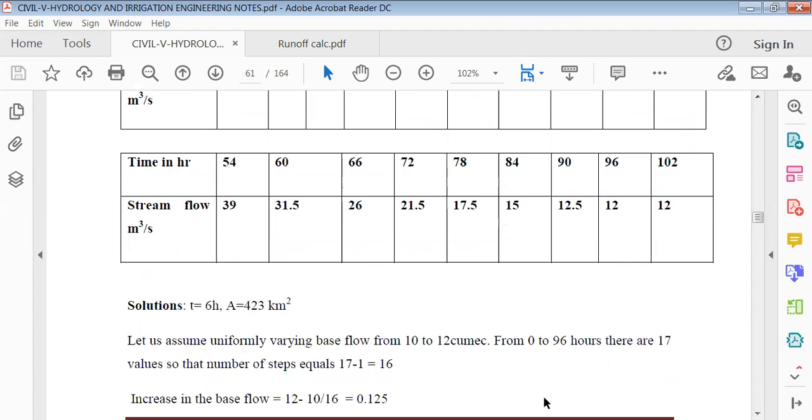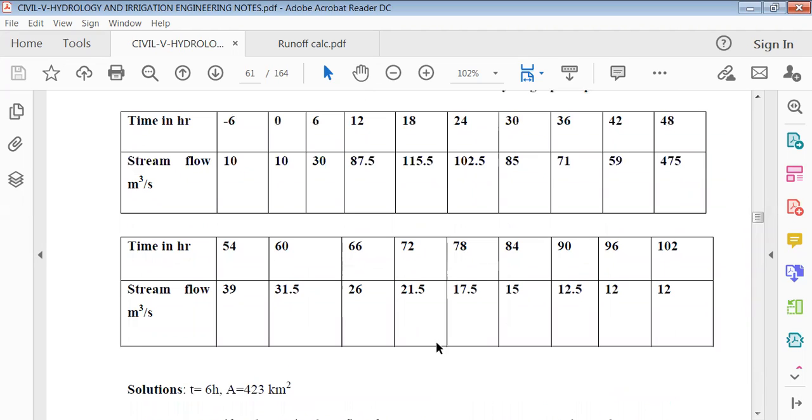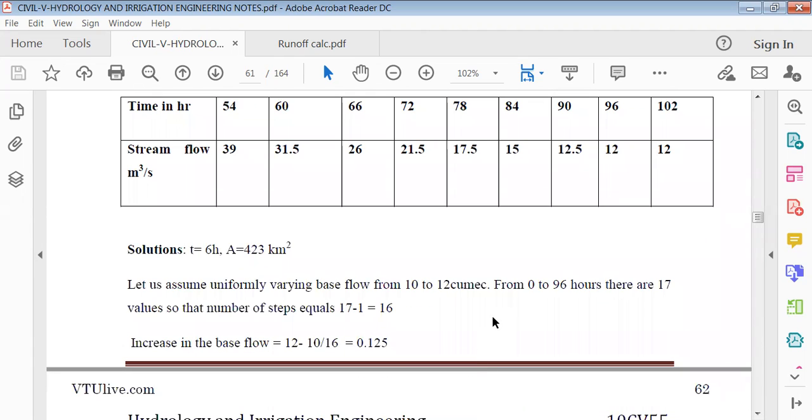From 0 to 96 hours there are 17 values, so the number of steps equals 17 minus 1. We'll take only 16 steps, that is 17 minus 1. Now we'll be checking the increase in the base flow.